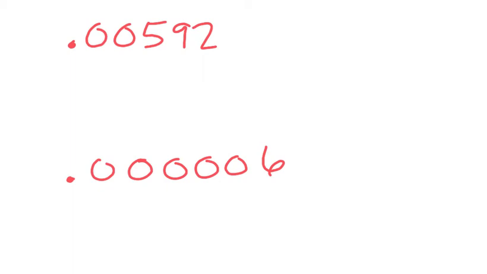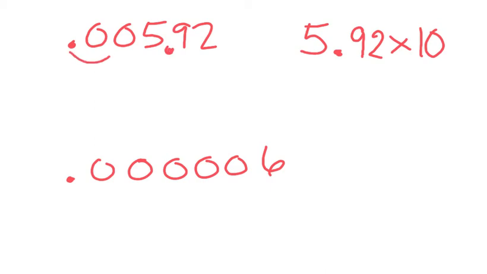So, you do it the exact same way. You still find the first number that's not a 0, 9, put your decimal, 9.2, times, then you put a 10, just like we did before. Then you come over to your number, put the new decimal in its spot, and count 1, 2, 3. But since this number is smaller than 1, it's a negative exponent. So that's negative third. Second one, we're still going to put a 6.